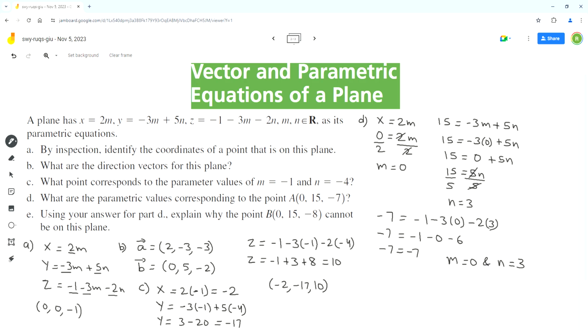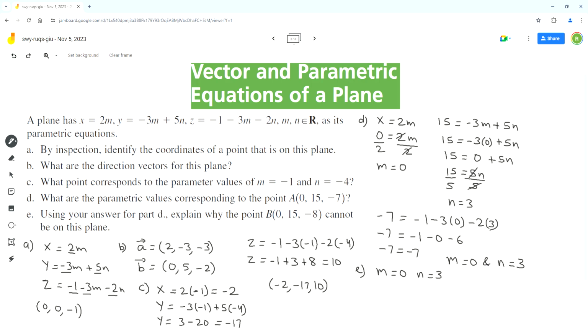Now we can answer part E. Using your answer for part D, explain why the point B 0, 15, negative 8 cannot be on this plane. In point B, the x and y coordinates are the same as the x and y coordinates in point A. And as you can see in part D, from our analysis for the x and y coordinates, we got m equals 0 and n equals 3.